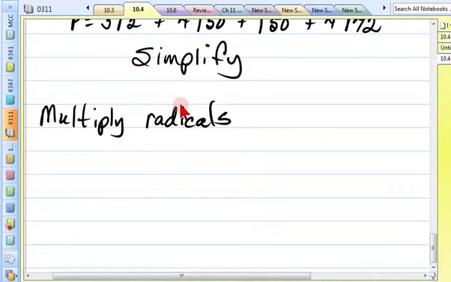We could change them into fractional exponents and multiply by adding their exponents and then converting back. But the ones we're going to look at are going to have like indices. The index will be the same. But you can multiply virtually any two radicals.